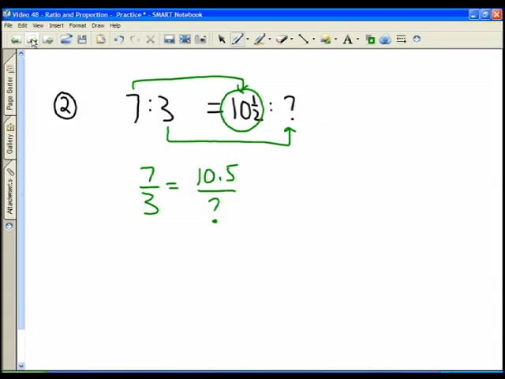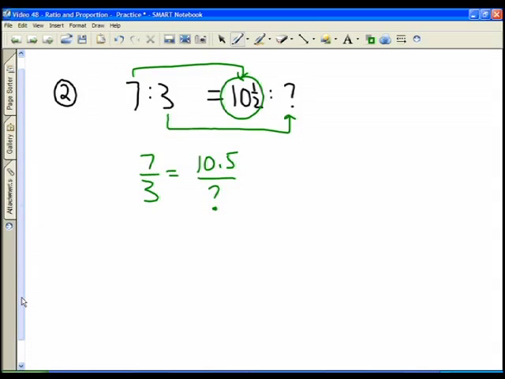And I'm going to show you something here that is neat in mathematics. If I wanted to reverse these ratios, if you don't like solving when the unknown is in the bottom, right, we could rewrite this ratio and put the 3 first. If we put the 3 first on the left, then we've got to make sure we switch our other proportion and put our question mark first in that ratio.